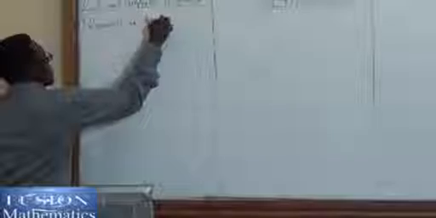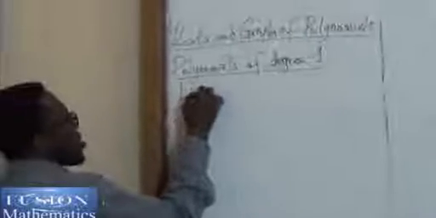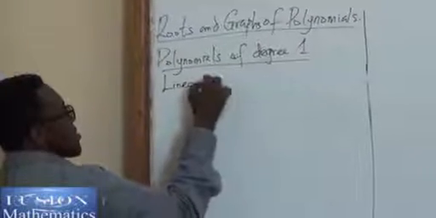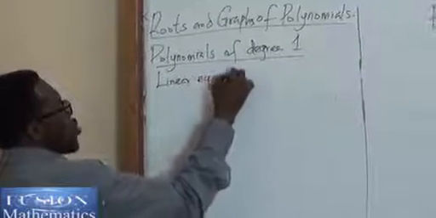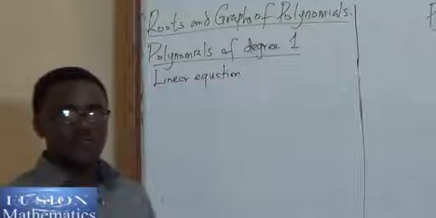For degree 1, it is popularly called linear equation. And the graph is also called linear graph. That is, it is a straight line graph.